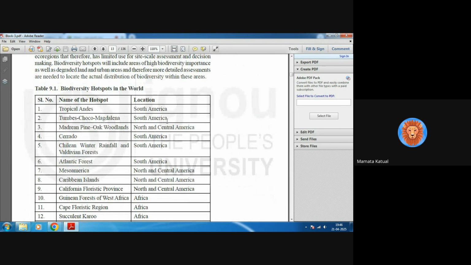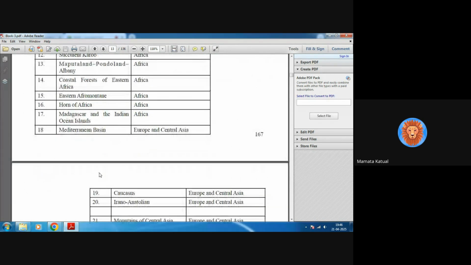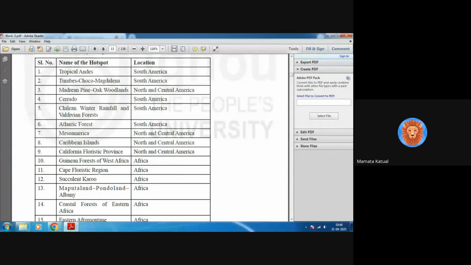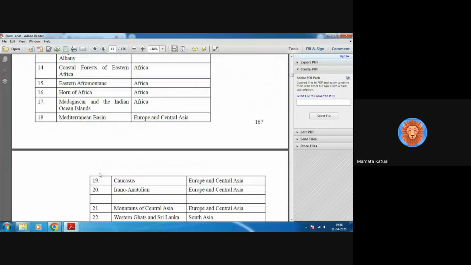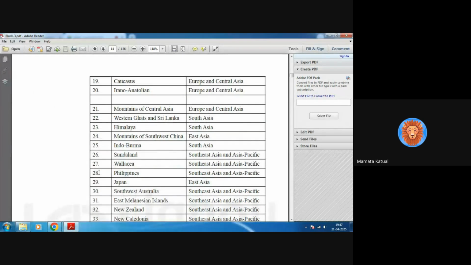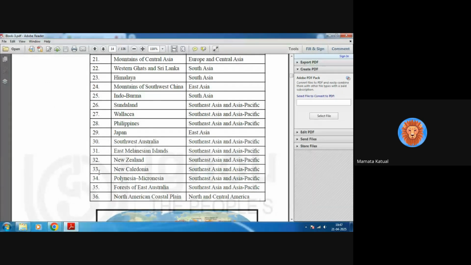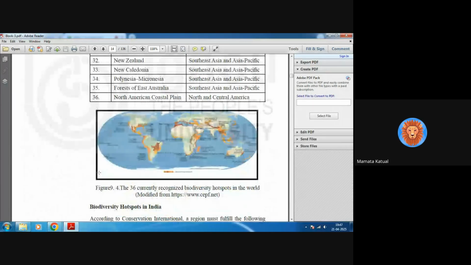So these are some of the hotspots of the world. South America, Africa, Southeast Asia, East Asia.